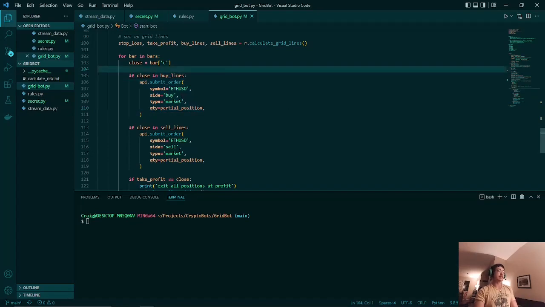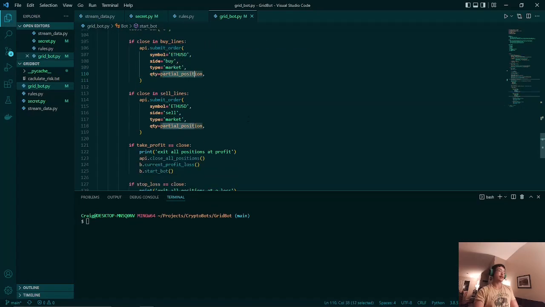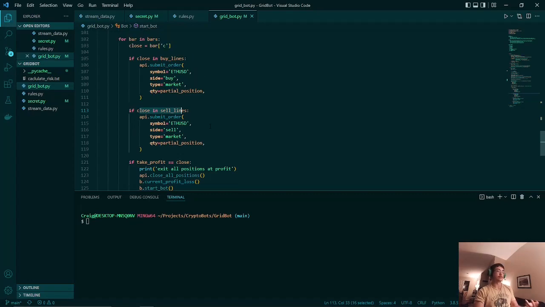So say if our closing price hits one of our buy lines, we will submit a market buy order of a partial position. And if the closing price hits one of our sell lines, essentially we will submit a market sell of our Ethereum.